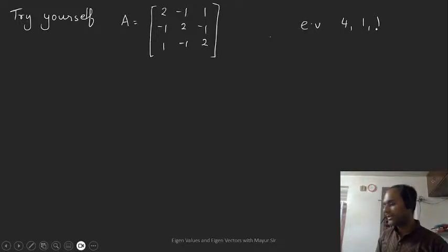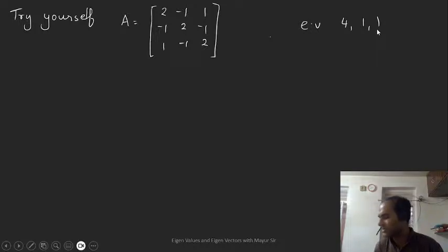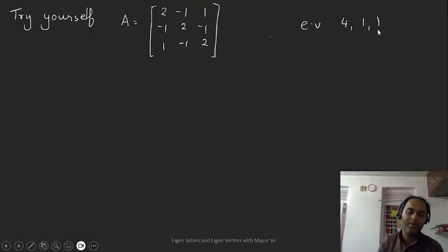Let me know the eigenvectors in the next video live when I go, and I'll be going live soon, maybe Tuesday or Wednesday or maybe next Saturday. Let's see. So this is the eigenvalue and eigenvector concept, how to find eigenvalues when they are distinct and how to find them when they are repeated. Now comes a very important part. Let me just add a few slides here.